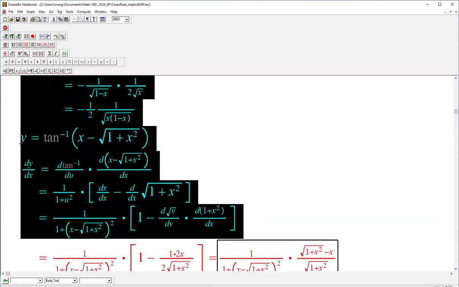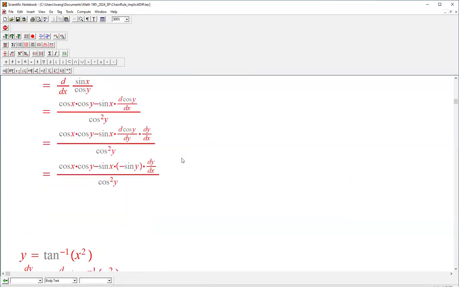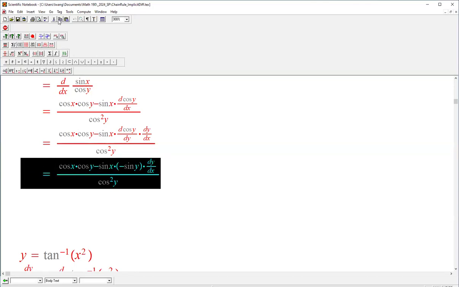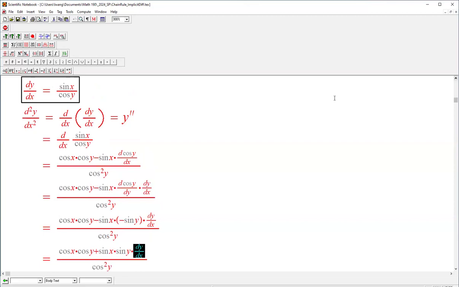Now let's organize the terms. Negative sign, that's a plus. We can drop the parentheses. Can we combine anything? Cosine x cosine y plus sine x sine y, nothing. This time, we're going to replace dy dx by what we just found, which is right here.